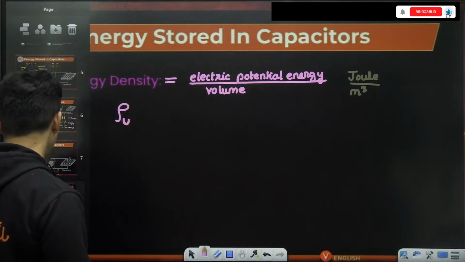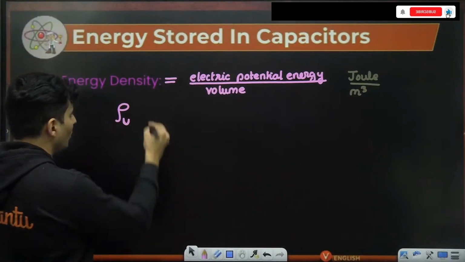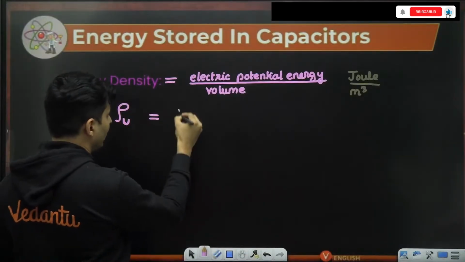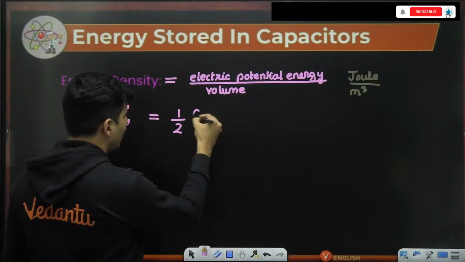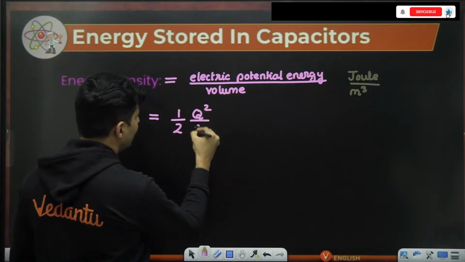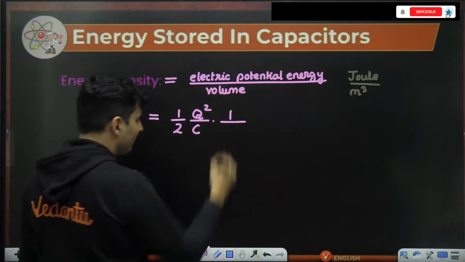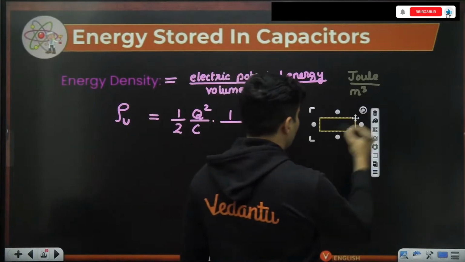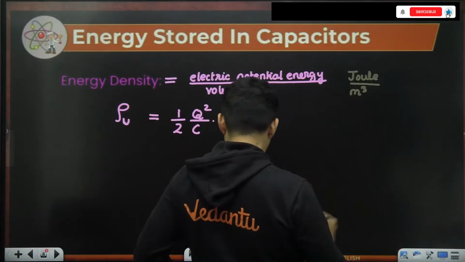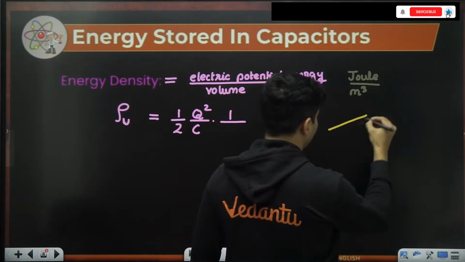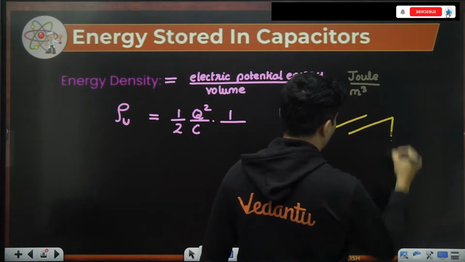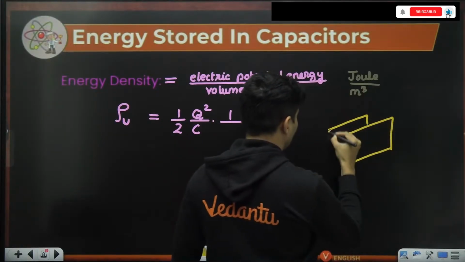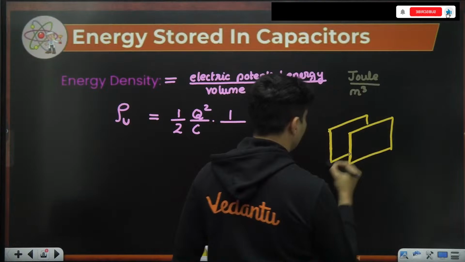So how much is this energy density going to be? Well, not a big deal to figure it out. The energy stored in it is nothing but half Q square by C, and the volume of that capacitor, keep this in mind. Your capacitor was maybe like this.